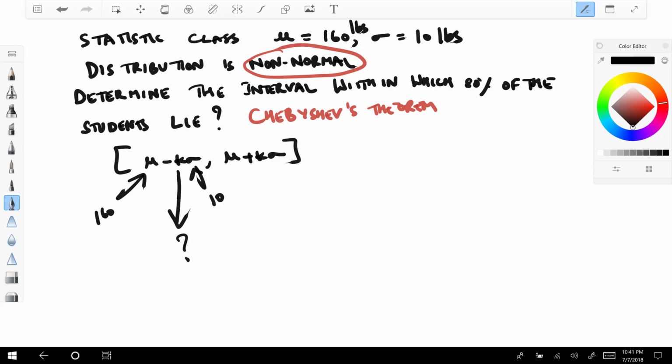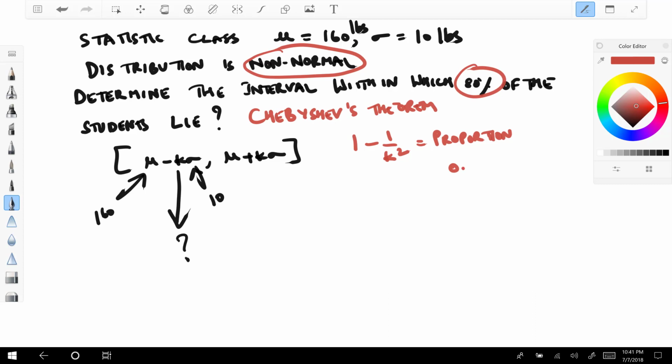To help us get k, they told 80% of the data should lie within this. So as Chebyshev's formula says, 1 minus 1 by k square is the proportion. So the proportion here is given as 0.8.